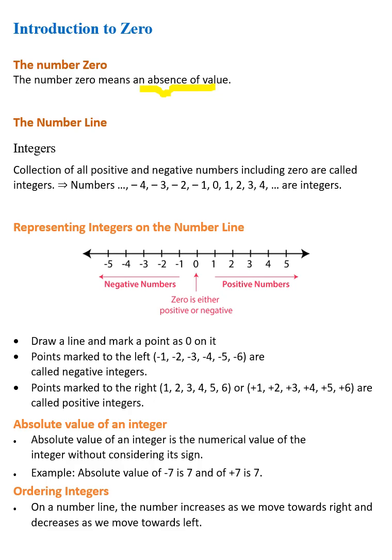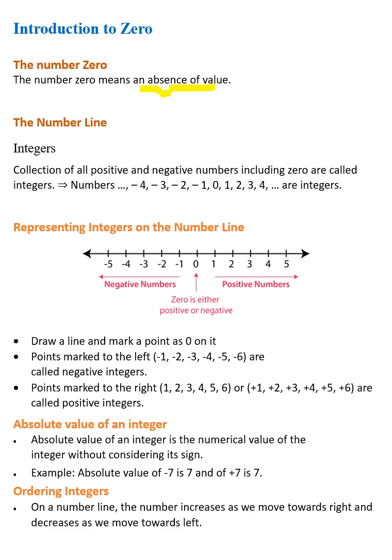The number line is a collection of all positive and negative numbers, including 0, and these numbers are called integers. So we can represent the integers on the number line by drawing a number line like this. It is shown below.